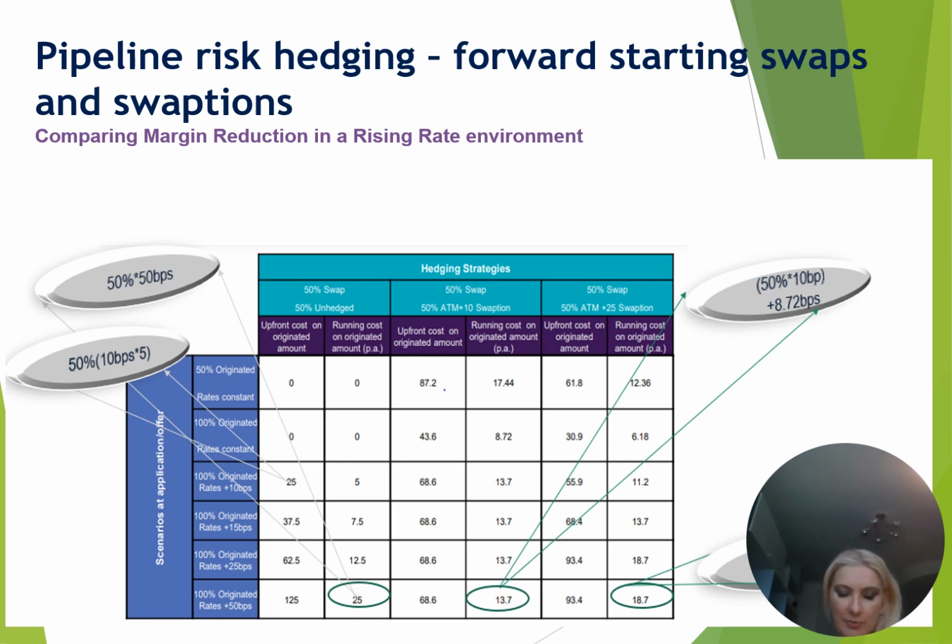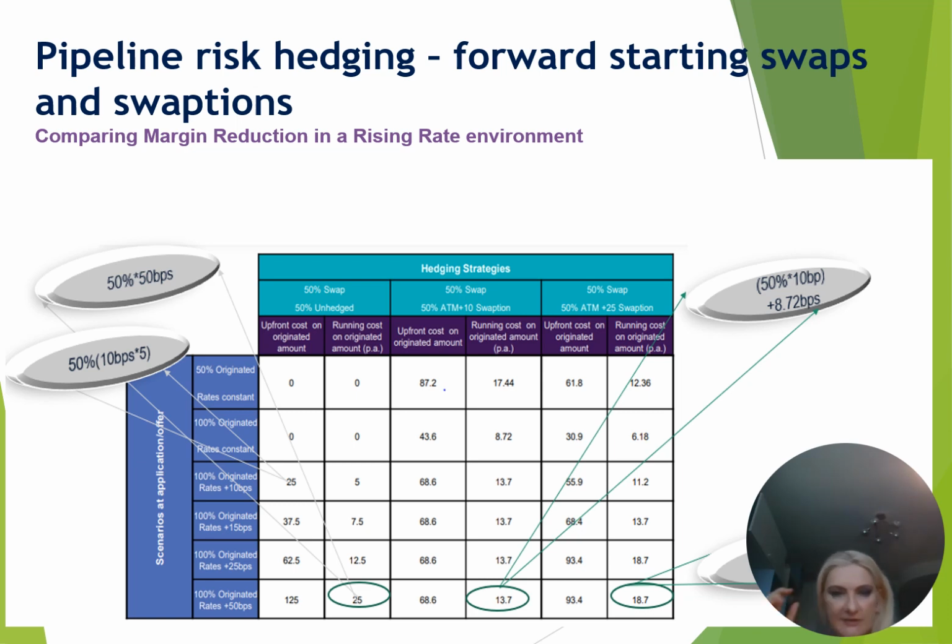So your P&L cost is 5 basis points on an annual basis.